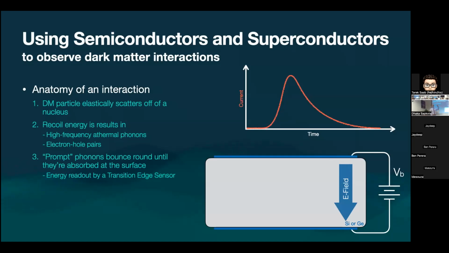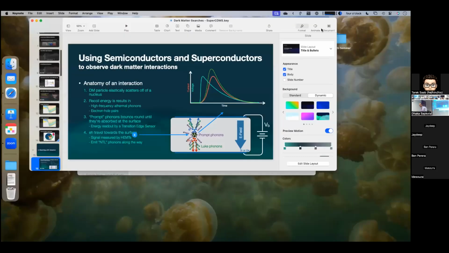If you arrange it to sit right in the middle of its transition, any small amount of energy deposit will give you a significant temperature change. So if we measure current, a small temperature change, a resistance change, will give you a big current change and you will see a pulse. And that pulse is proportional to the energy of the event.